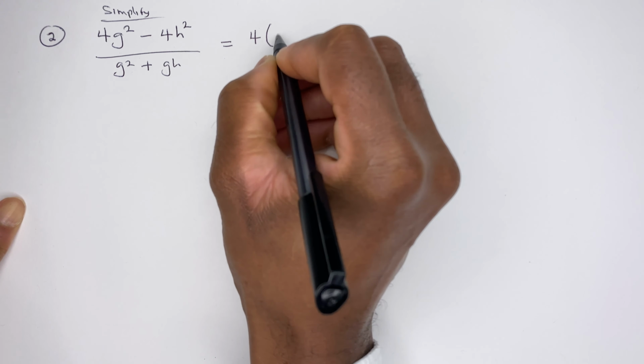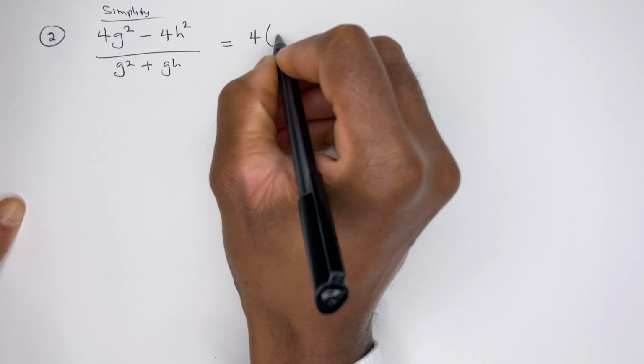That'll be the best thing to do here. At the bottom, I have g as a common factor. So I take g out, and I will get g plus h.